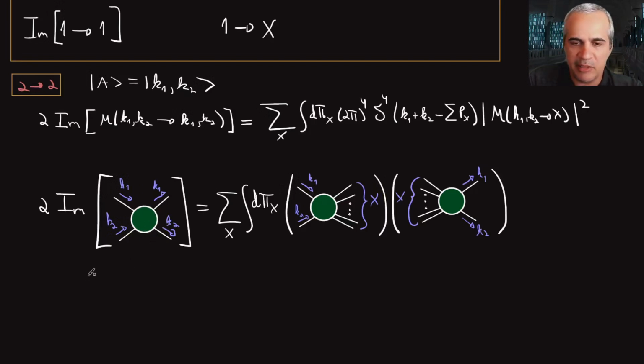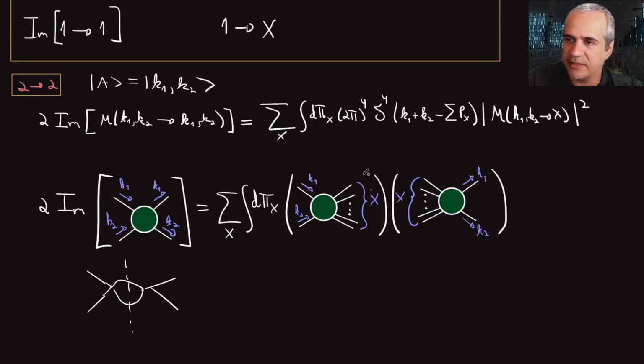I'm looking at some very complicated diagrams that can happen in the middle here. And the way I write the ones on the right is like I'm cutting this guy in the middle somewhere. It's like I'm doing a cut here and exchanging my propagators for these scatterings of on-shell particles.